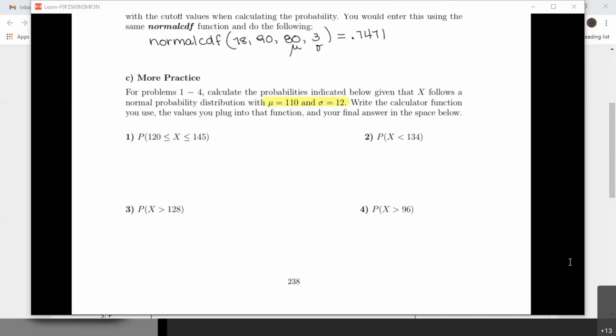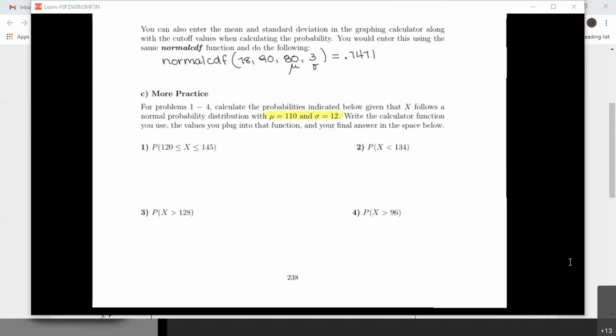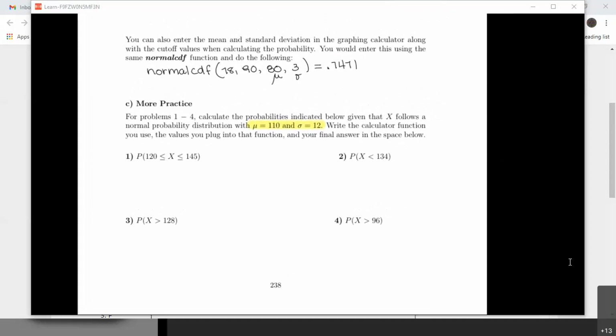Okay, type done when you finish all 4 of them. Okay, we'll take maybe another 30 seconds or so.